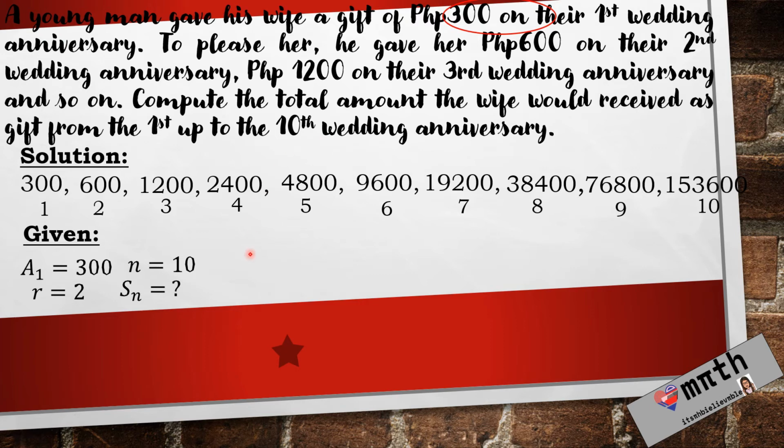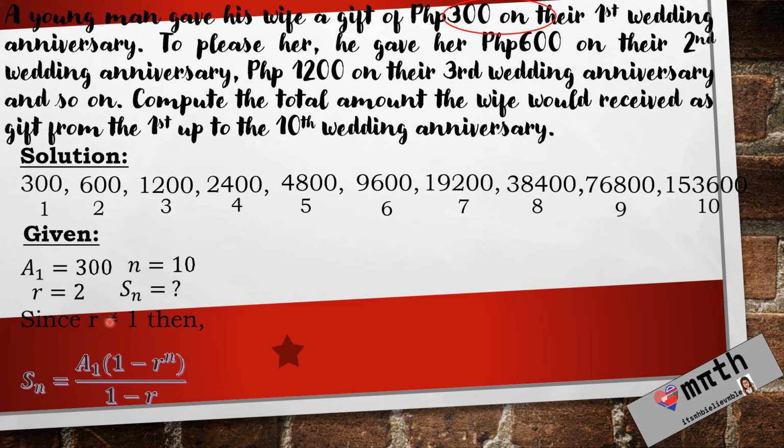We all know that there are two kinds of formula under geometric series. Since we ended on the 10th wedding anniversary, that means we're dealing with the finite geometric series. We have the condition that r is not equal to 1 or negative 1.